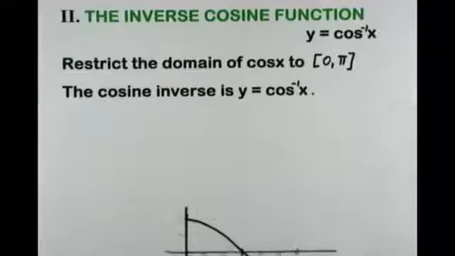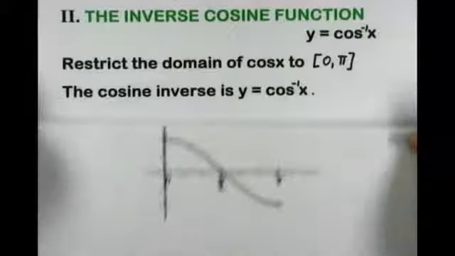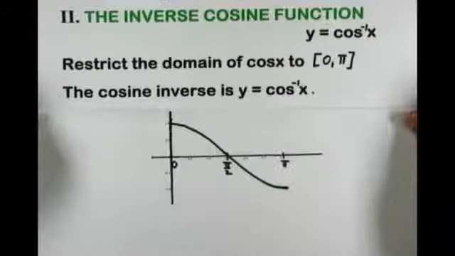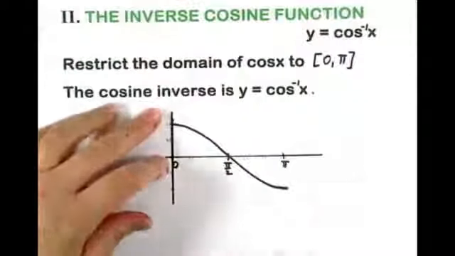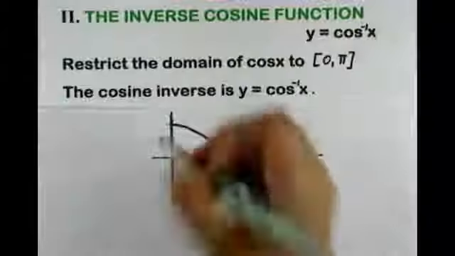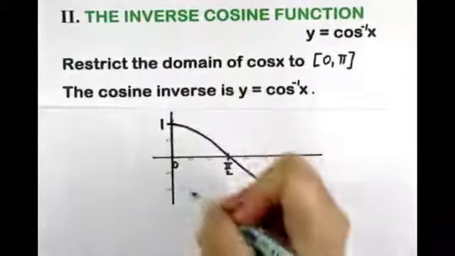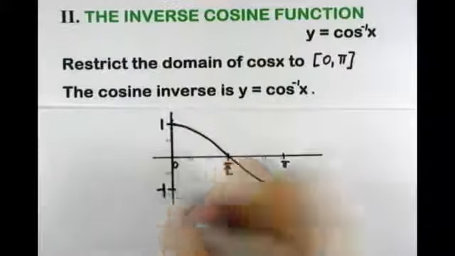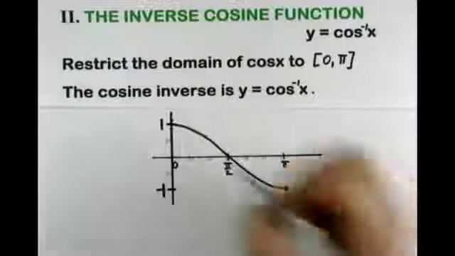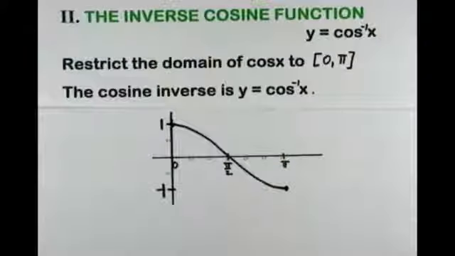So for the graph of this function, I'm going to use the part that we have. This value is 1, this value is minus 1, and we go from 0 to pi only.